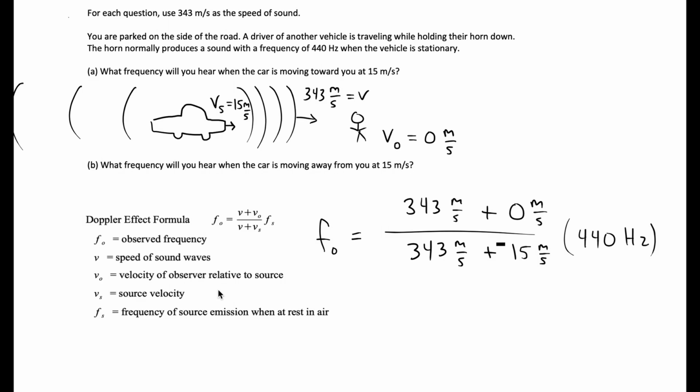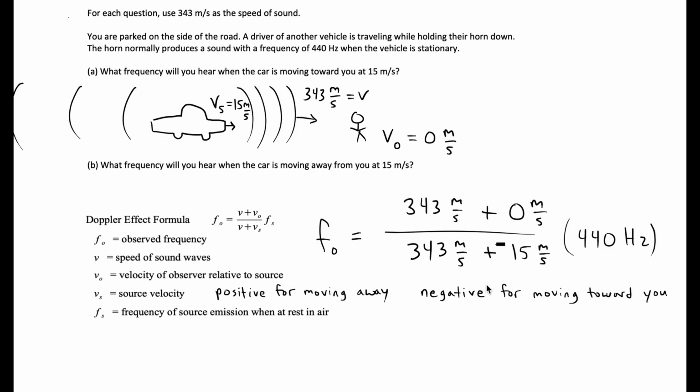So you'd want to use positive for moving away, and let the VS be negative when the source is moving toward you. So in this case, since the horn is heading toward me, I'm going to make this a negative 15.